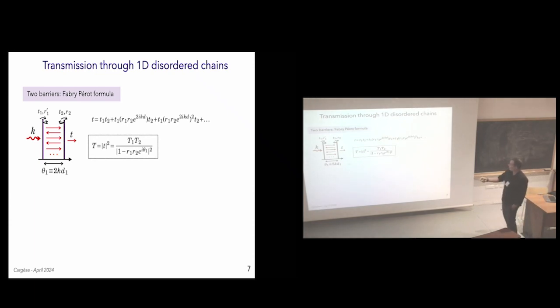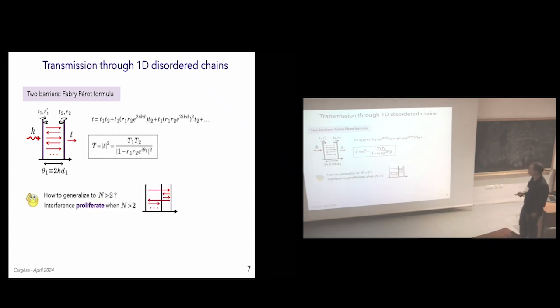Observe that here the barrier separation D1 is contained in this phase, which is just the phase accumulated on a return trip inside the cavity. Now, if you look at this formula, you can immediately see why the generalization to n barriers is going to be very difficult.